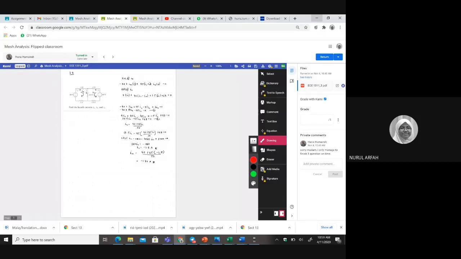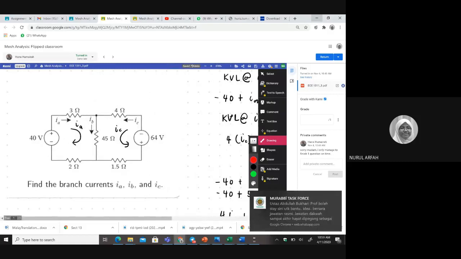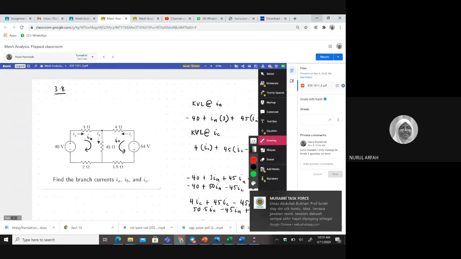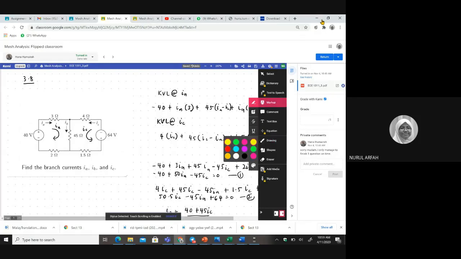Hannah. Oh, okay. This is a different situation. Jap. Oh, Hannah attempt 3.8. Okay, never mind. Hannah, if you look at Hannah's direction here, what she did was that she put a different direction of current, imaginary current. It's also fine, no problem, but you tend to confuse yourself.